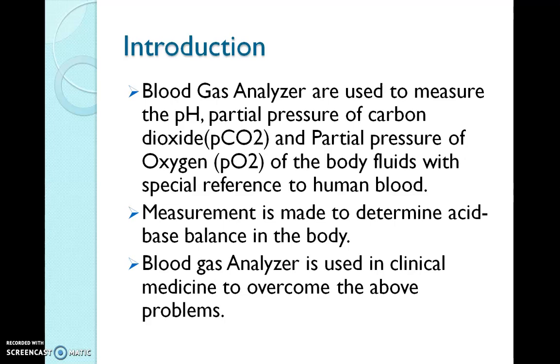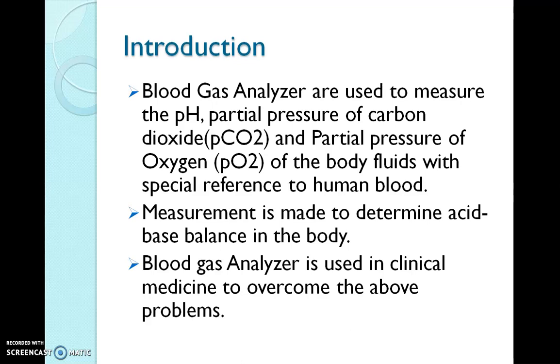The measurement is mainly made to determine acid-base balance in the body. With this analyzer, we are able to analyze the level of acid and base, that is alkali, in the blood.